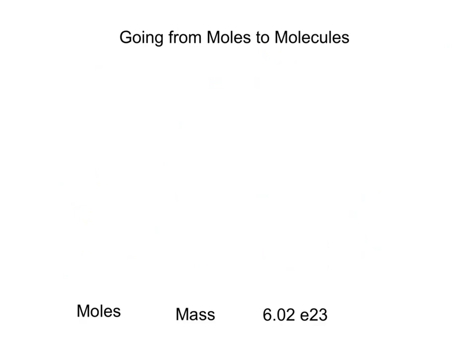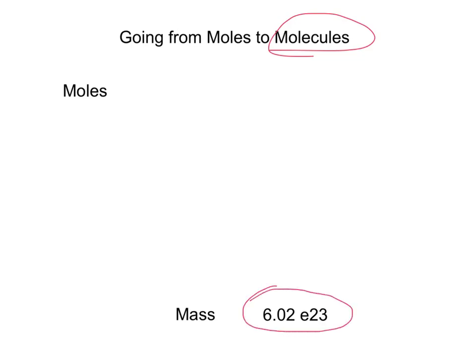Now, if I am supposed to go from moles to molecules, so they have given me moles but I'm supposed to go to molecules, this is the only time that I use Avogadro's number, which is 6.02 times 10 to the 23rd, because we know that in 1 mole there is 6.02 times 10 to the 23rd molecules, atoms, shoes, whatever.